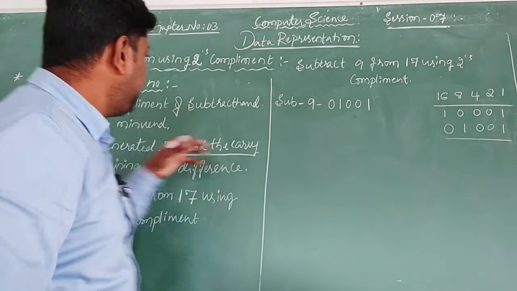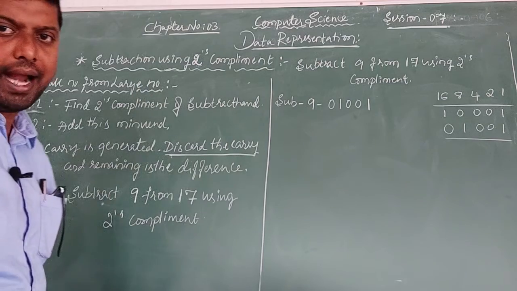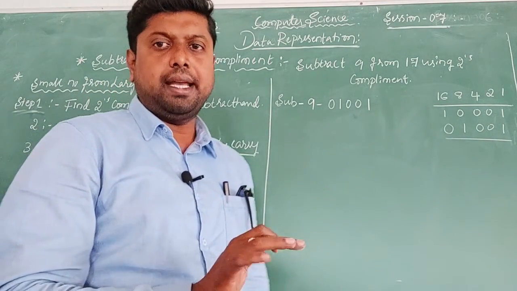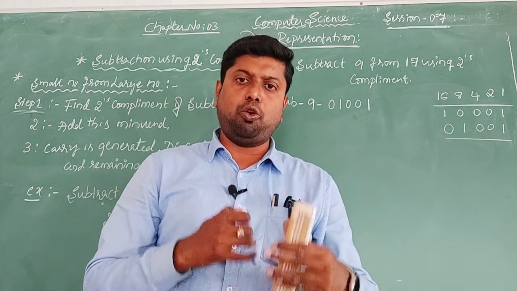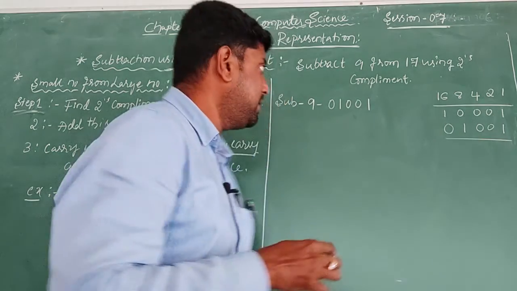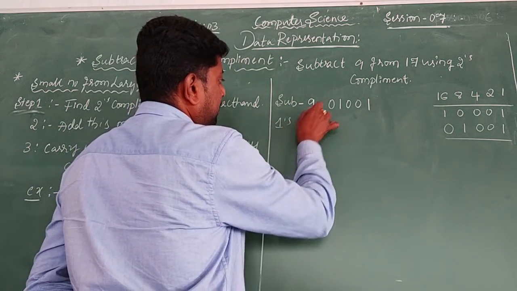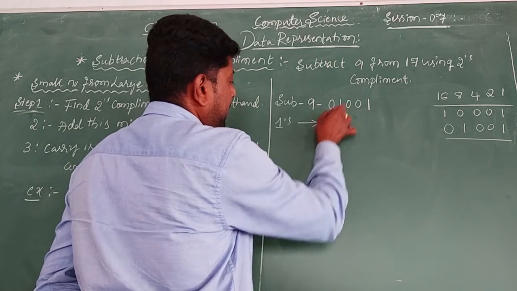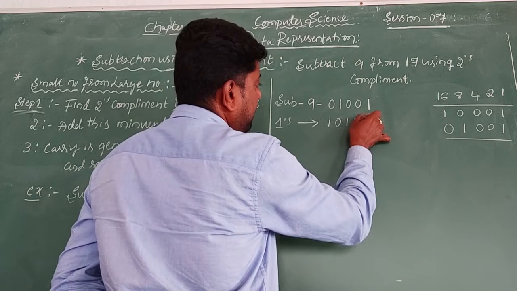Now I want to make that into 2's complement by using the subtrahend. Directly, 2's complement is not possible. First we have to make the binary digits into 1's complement. See here, the 1's complement is 1, 0, 1, 1, 0.